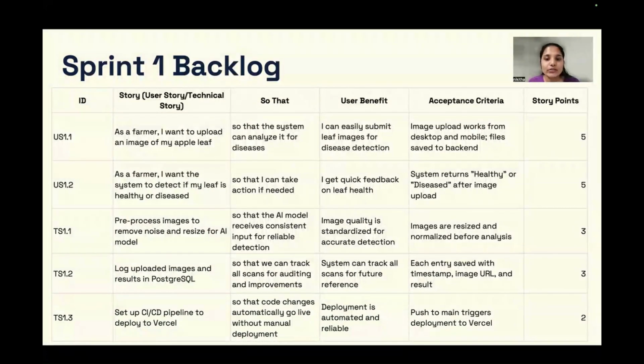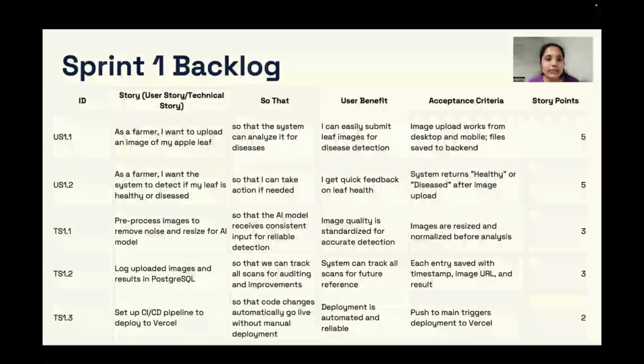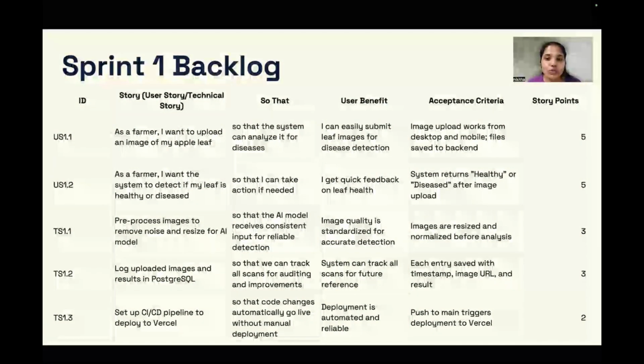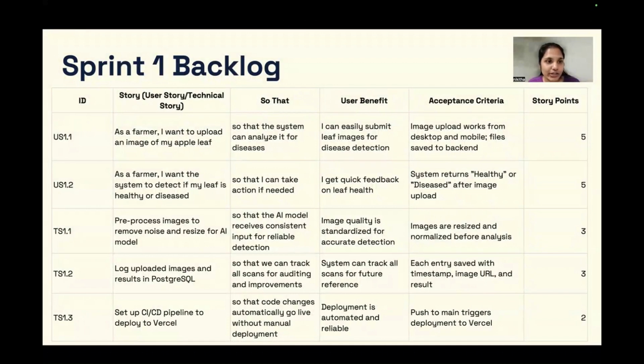To ensure accuracy, the images are pre-processed before analysis, and the results are stored in PostgreSQL, so we can track them as well. A CI/CD pipeline is also set up for automatic deployment to Vercel, streamlining updates as well. Each task includes acceptance criteria and is assigned story points to track every point.